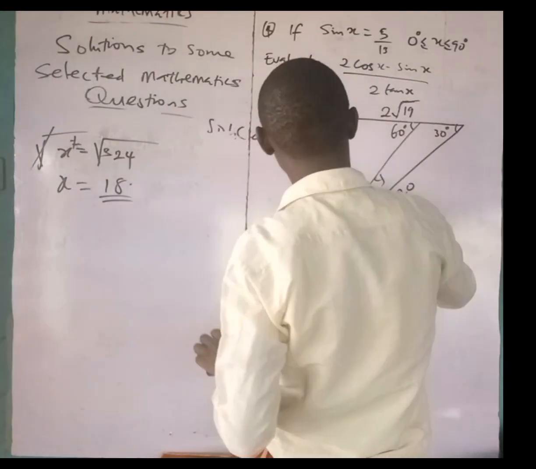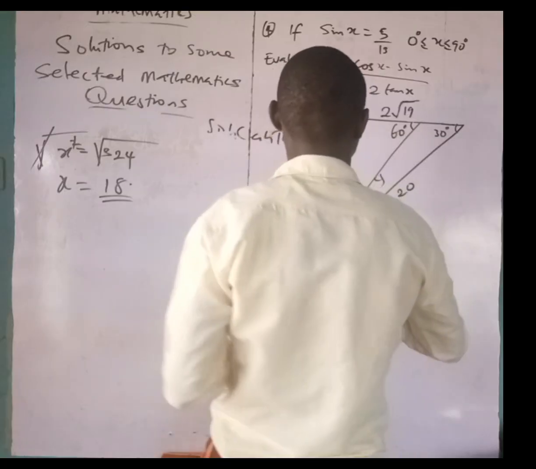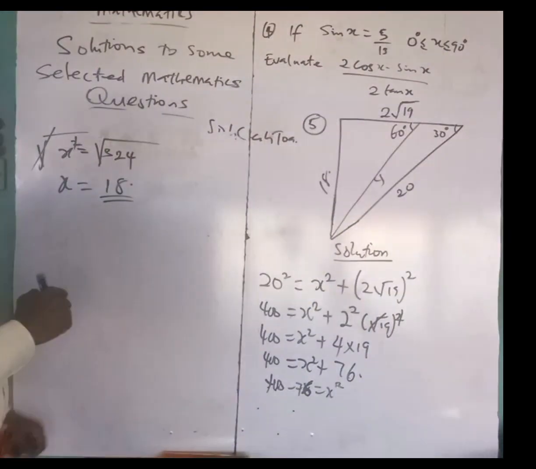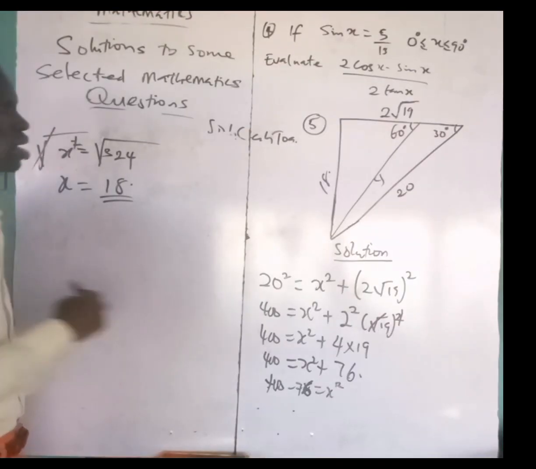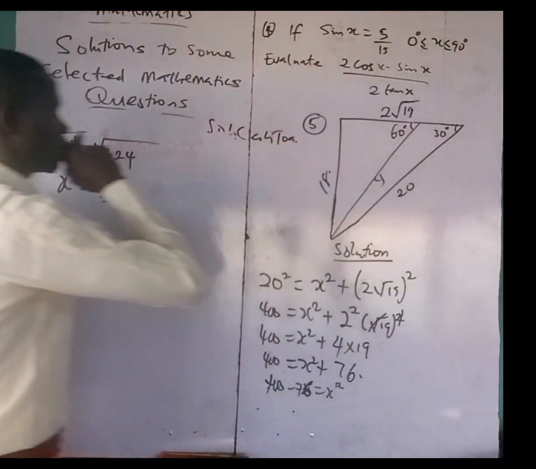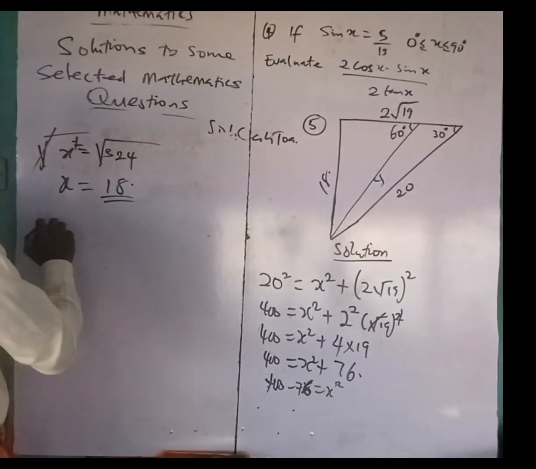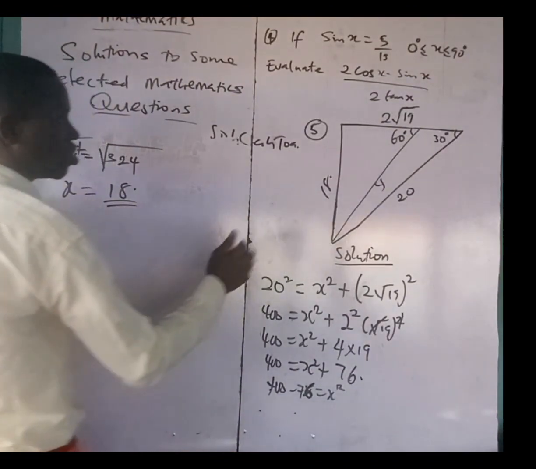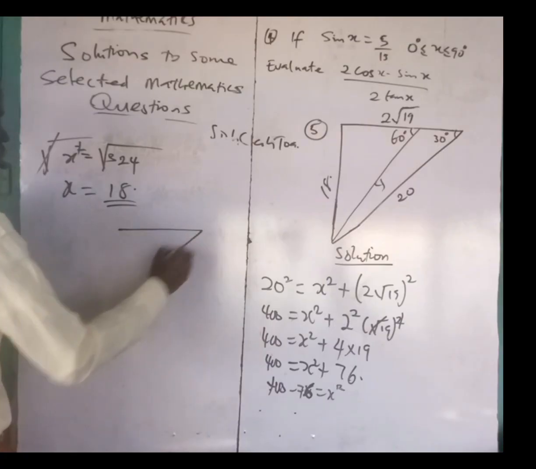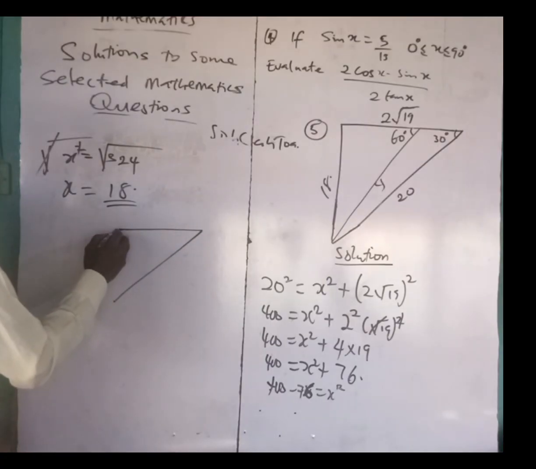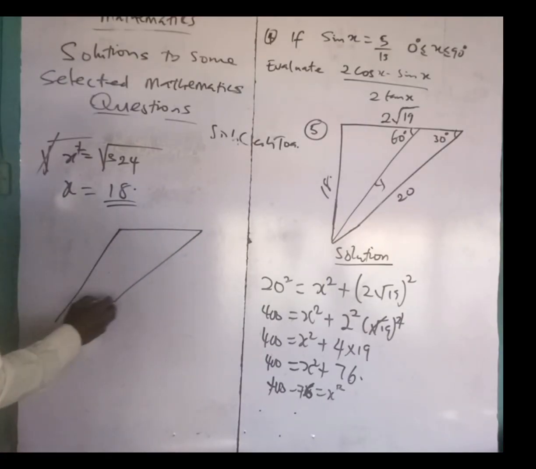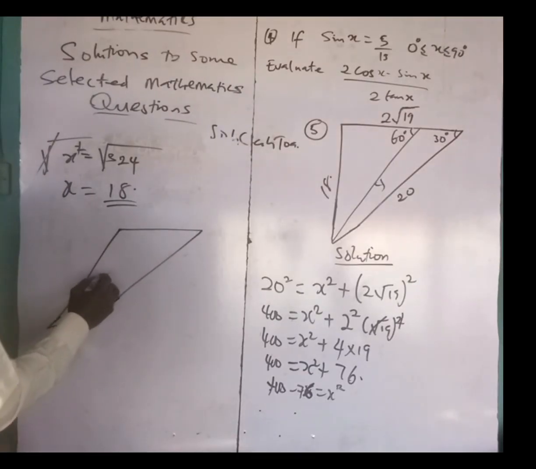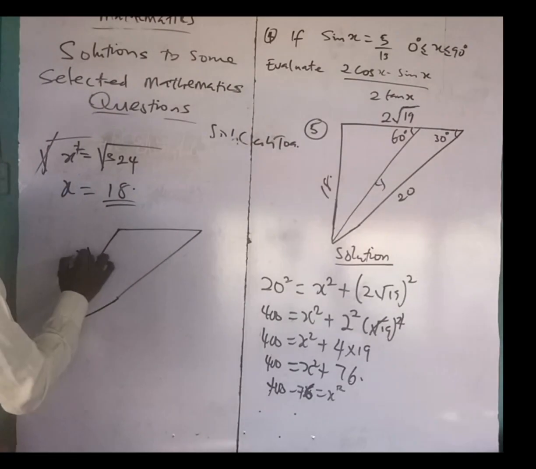So we have gotten x to be what? 18. Do we get that? Okay. To get y, to make things easier for ourselves, it's better we make use of this smaller angle. This is y.